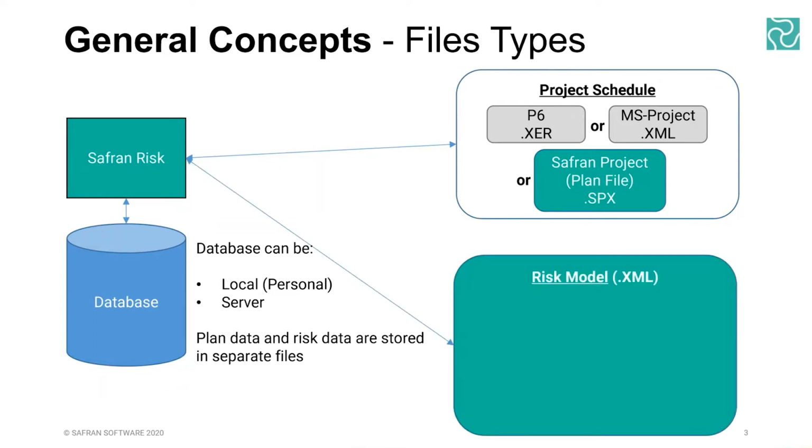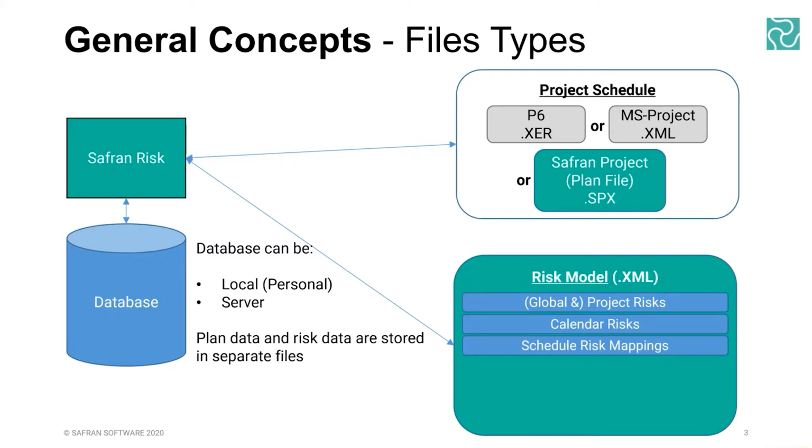So the first component is the project schedule, and then the next component is the risk model. As you start building cost, risk, etc., this can also be imported and exported as a single .xml. The risk model will include things like your global risk register, project level risk register, your calendar risks, and your schedule risk mappings, so the various risk mappings to the schedule activities.